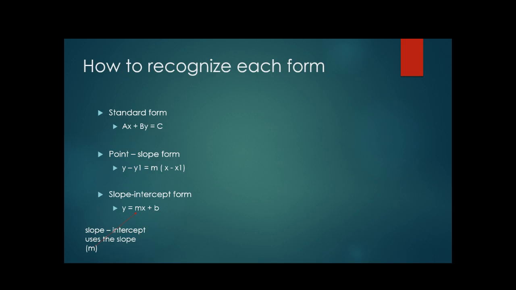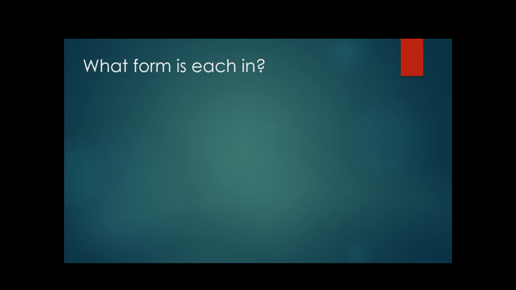Slope-intercept form uses the slope and the y-intercept. You can also tell because y is by itself, and it's the only one where y is by itself. And that's why it's useful for functions. You could just plug something in for x and get an output, an input-output pair. So we're going to practice each one. What form is y equals 3x minus 7 in?